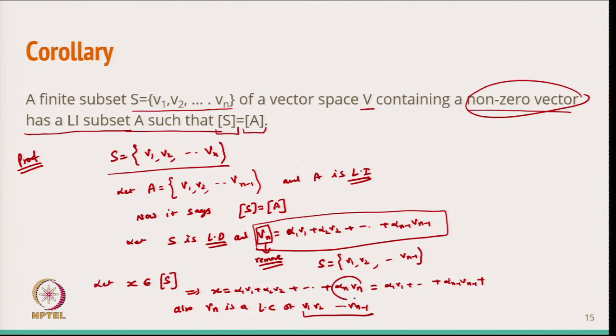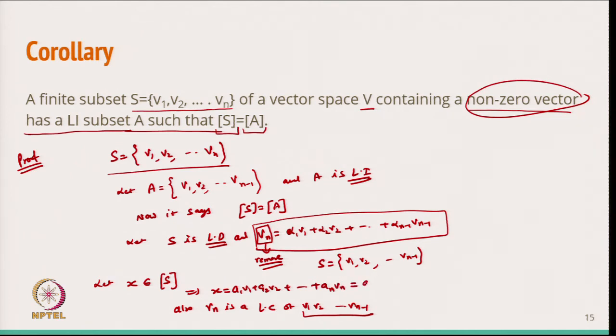Maybe I just change the notation: I write x as a1 V1, a2 V2 up to an Vn.